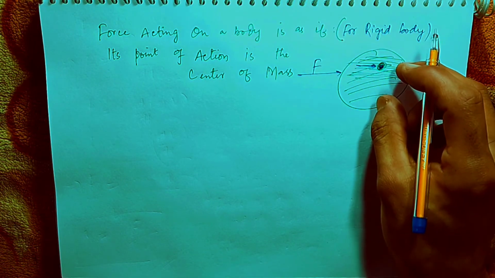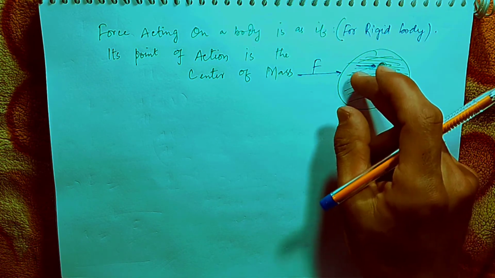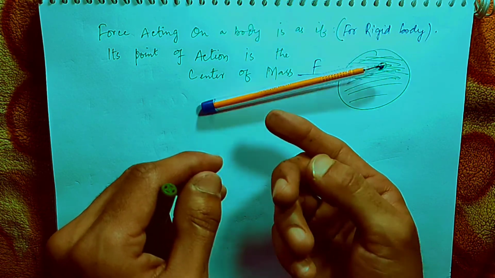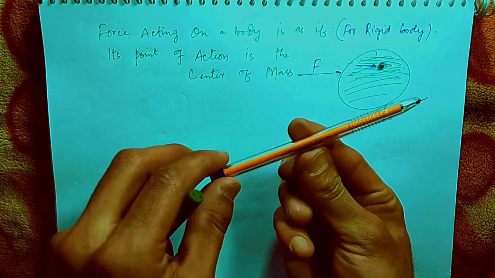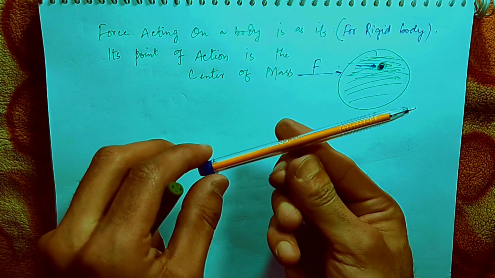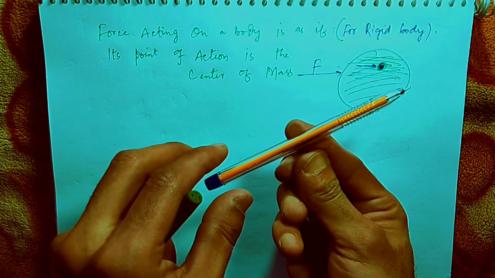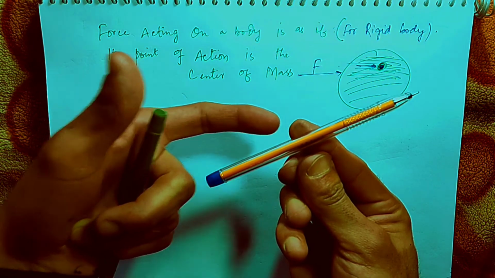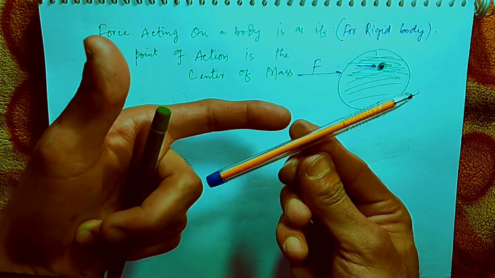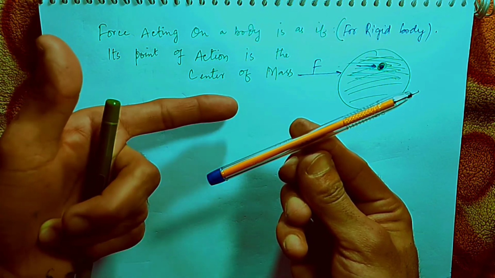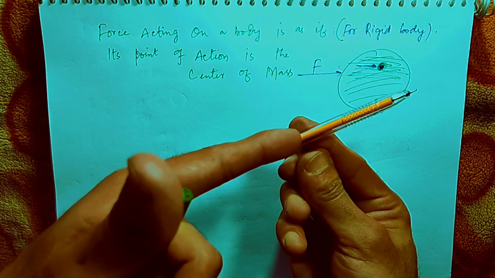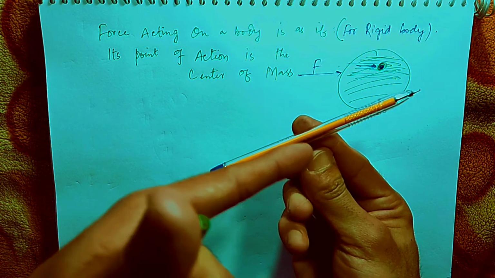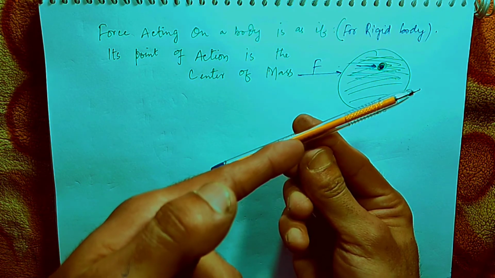For example, suppose this is my pen, and I have to balance it on my hand. I can support it right here, like this. It is balancing. That means I am exerting a force against gravity right now, because if I pull my hand back, this will fall down. So the gravitational force is counterbalanced by the force of my hand.